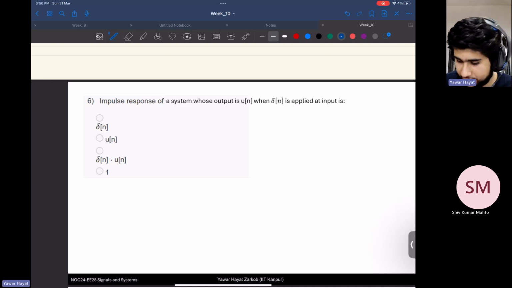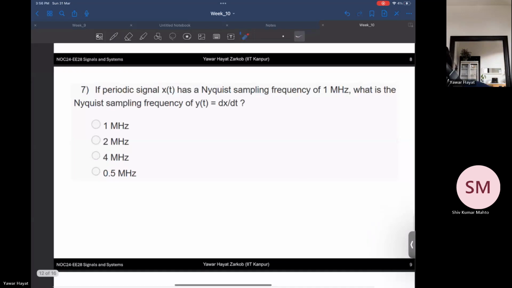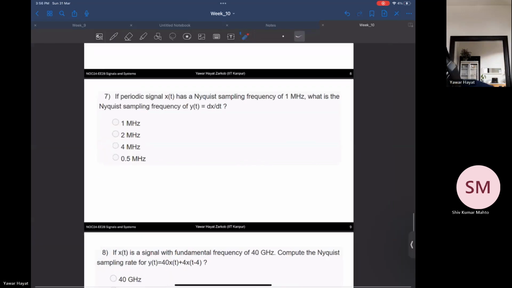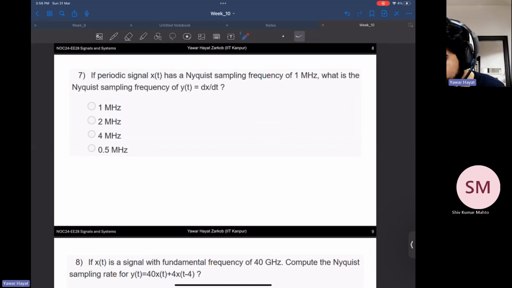Now what about the next one? If a periodic sequence of data has a Nyquist sampling frequency of 1 megahertz, what is the Nyquist sampling frequency of the signal that is obtained by differentiating the signal with respect to time, dx by dt?